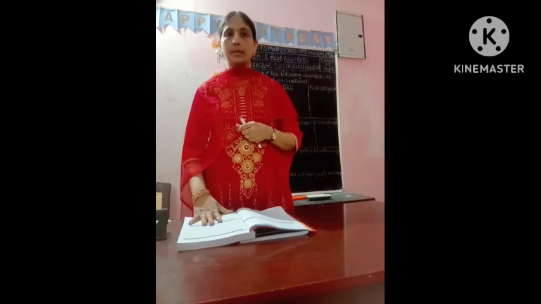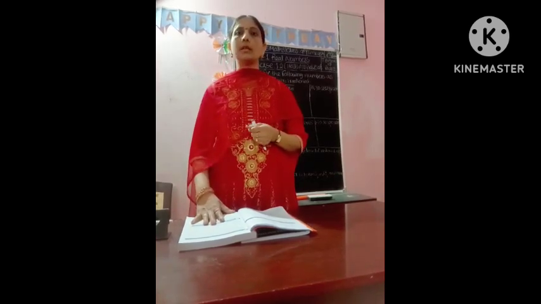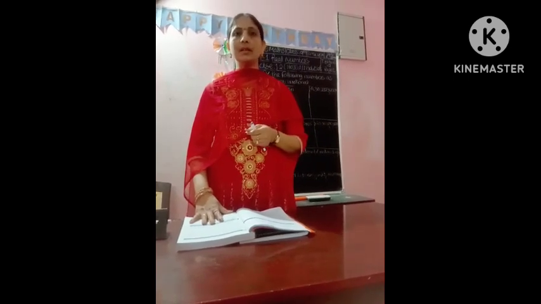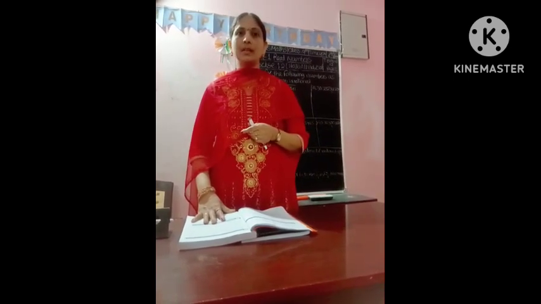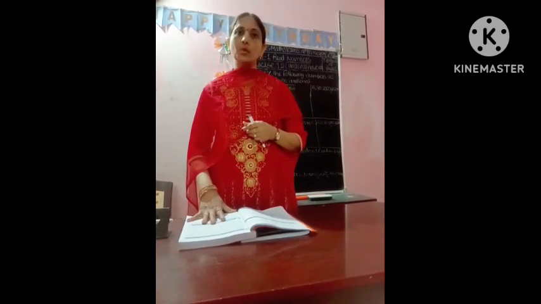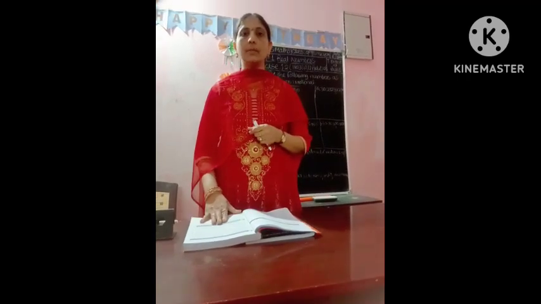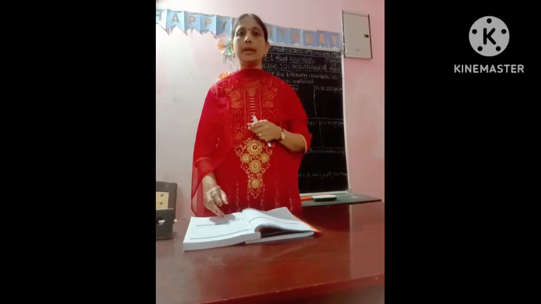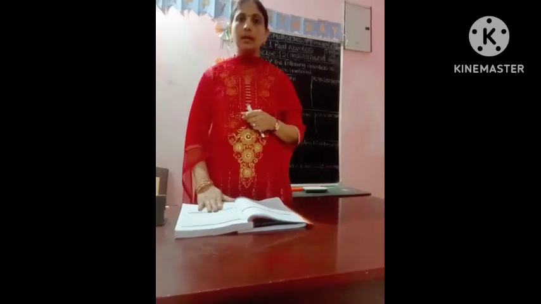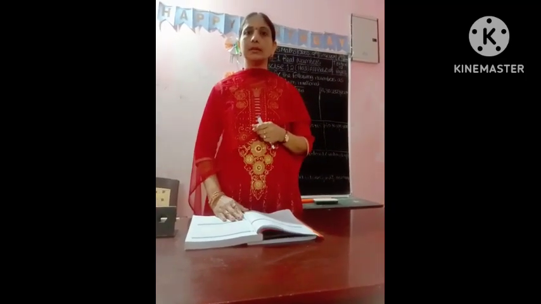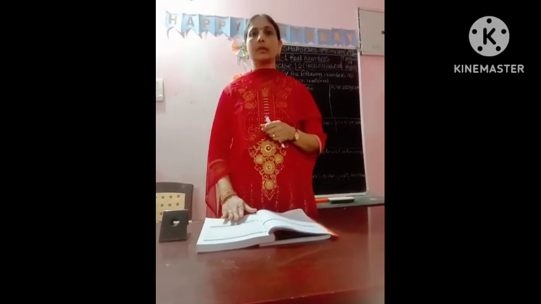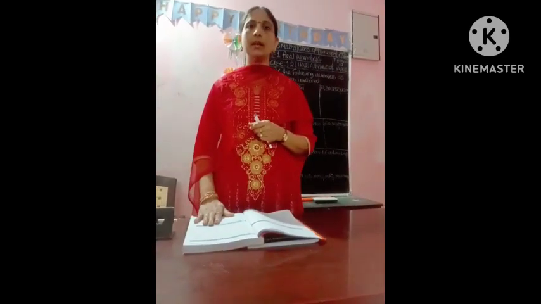But rational numbers are written in the p by q form, with denominators and numerators both integers. Rational numbers are terminating or recurring, repeating decimals. But irrational numbers are non-terminating, non-repeating decimals.